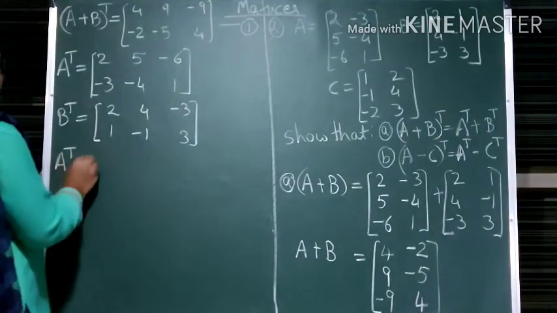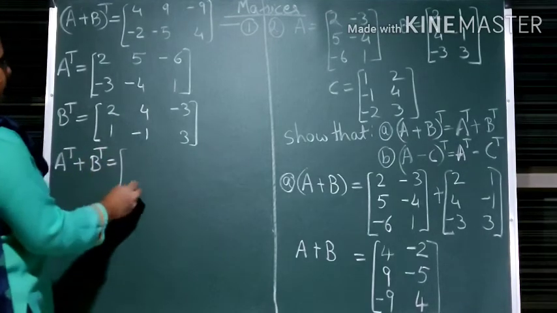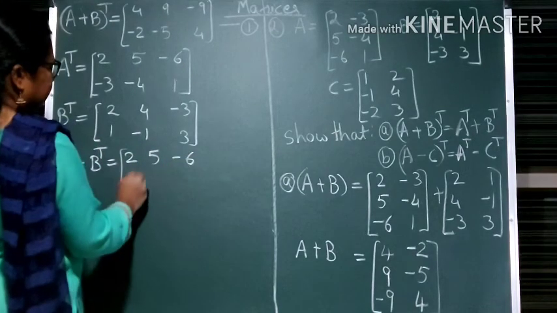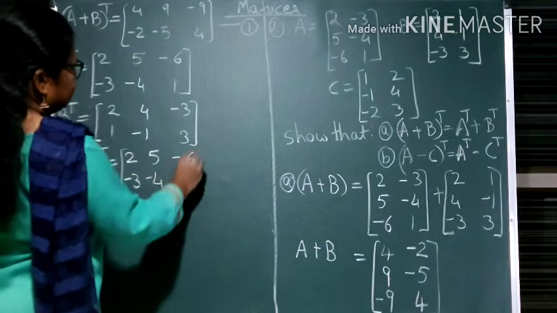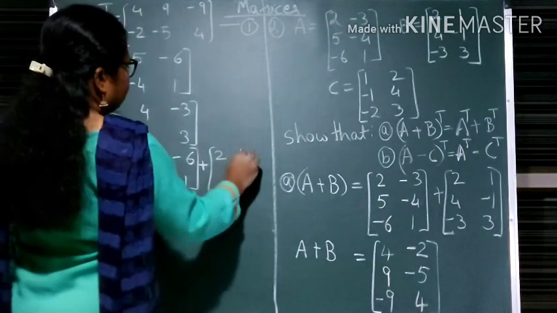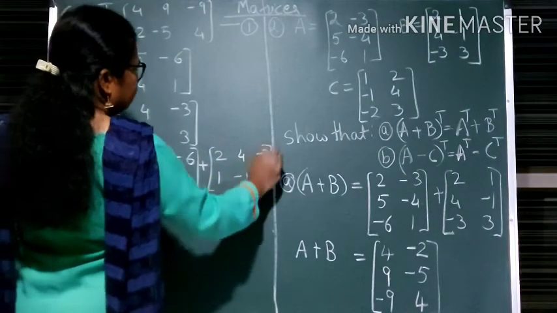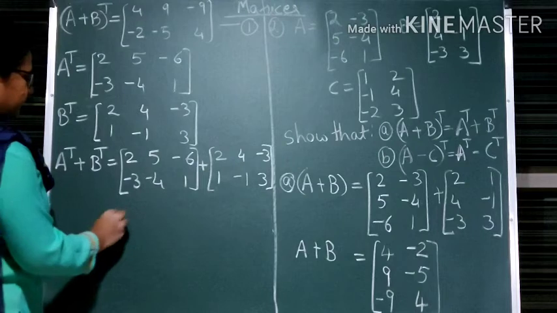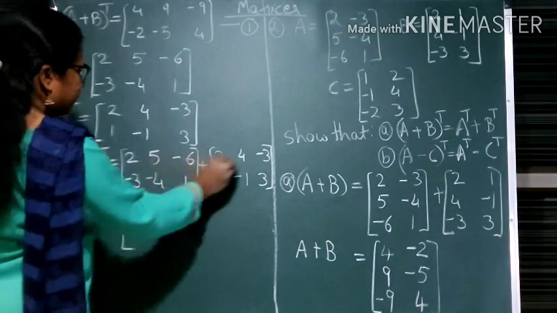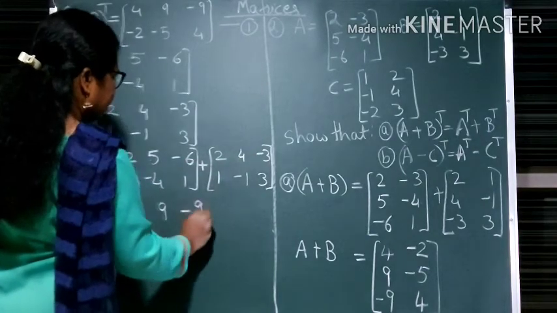So A transpose plus B transpose is equal to 2, 5, minus 6, minus 3, minus 4, 1, plus 2, 4, minus 3, 1, minus 1, 3. Add 2 plus 2, 4. 5 plus 4, 9. Minus 6 minus 3, minus 9.